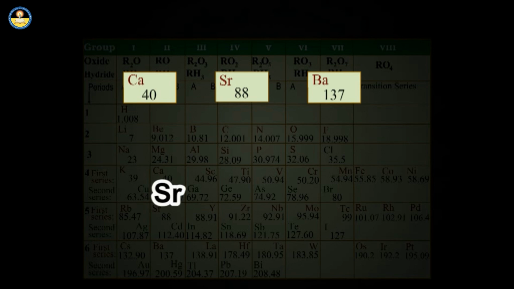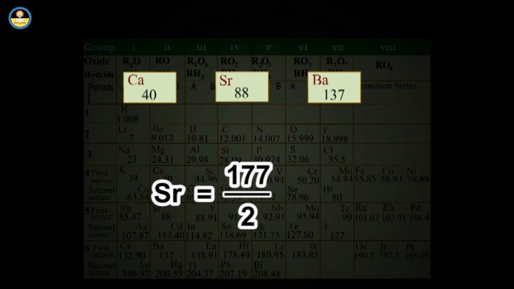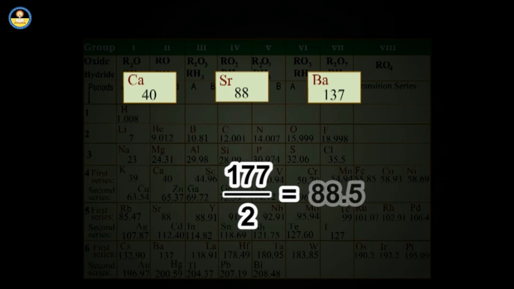Atomic mass of strontium is equal to (atomic mass of calcium + atomic mass of barium)/2, which is equal to (40 + 137)/2, which further equals 177/2, which equals 88.5. This value is close to the actual atomic mass, which is 88.